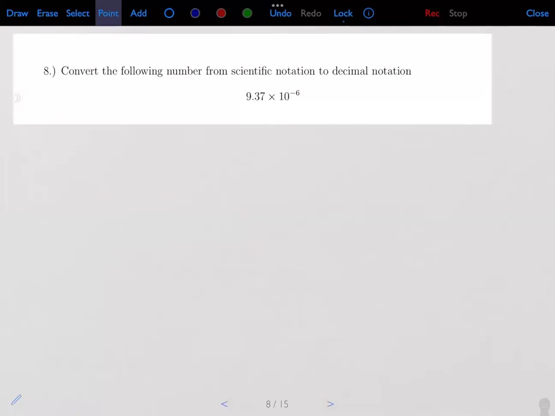Okay, now let's go the other way. So we're given a number, 9.37 times 10 to the -6, and I want to write it as a regular decimal number. Again, the way I think about this is a -6 means it's a small number. So I want to move that decimal point 6 places to the left.